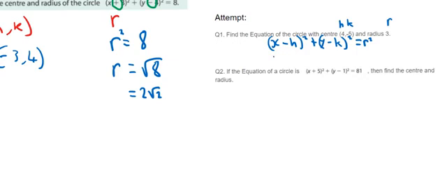So I'm doing x minus h, and h here is positive 4, so it's x minus 4 squared plus y minus whatever k is, but k here is a minus 5, so I have to do y minus minus 5, because I'm putting a minus 5 in directly for that k.